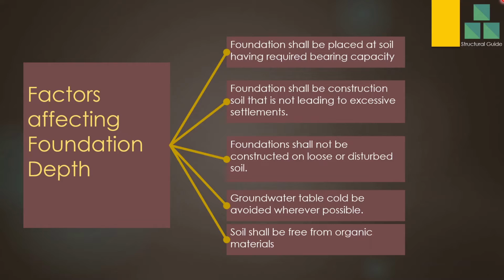Soil shall be free from organic matter. When you determine the depth of the foundation, you may find the minimum depth, but you have to consider the ground condition at site. There may be trees, vegetation, and different organic matter in the soil. You should avoid those.